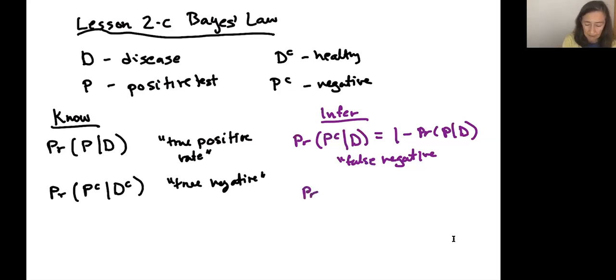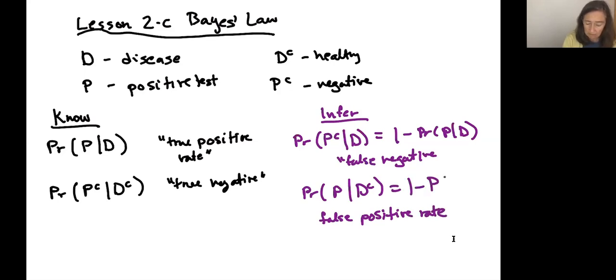In the world of no disease, what's the probability that the test says, oh, guess what, you're sick? That is the false positive rate, which would be 1 minus P of negative conditional on D complement.